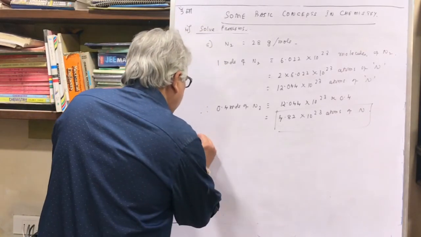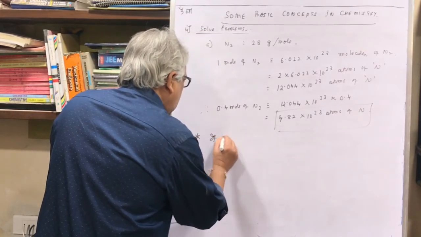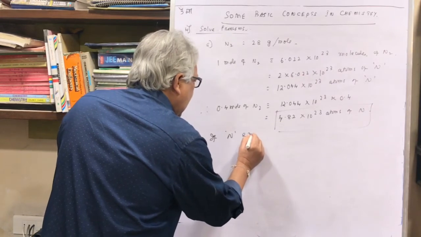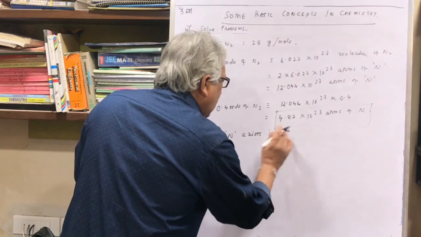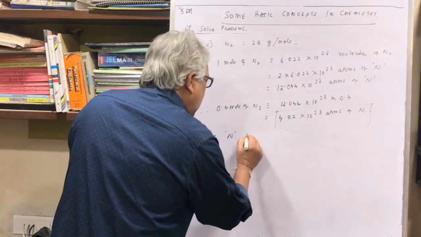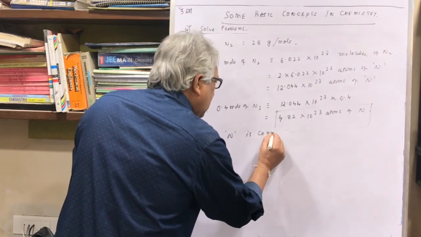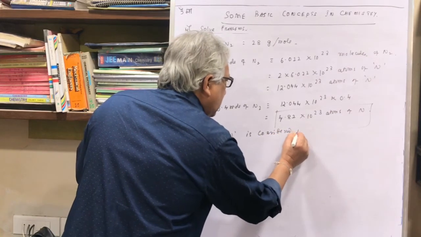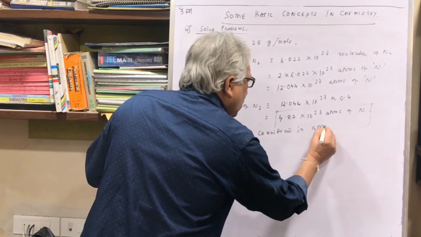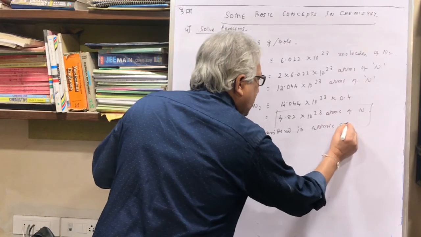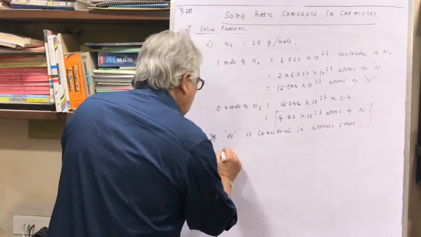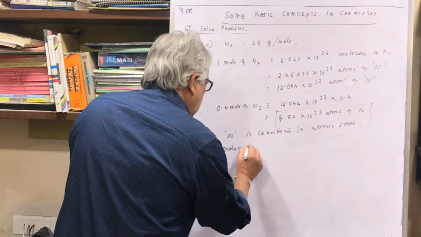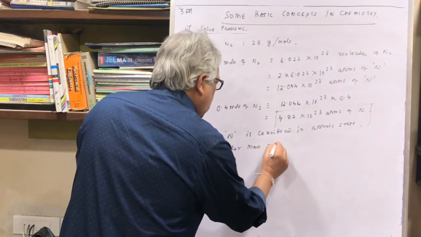If nitrogen is considered in atomic state, in that case molar mass is equal to 14.